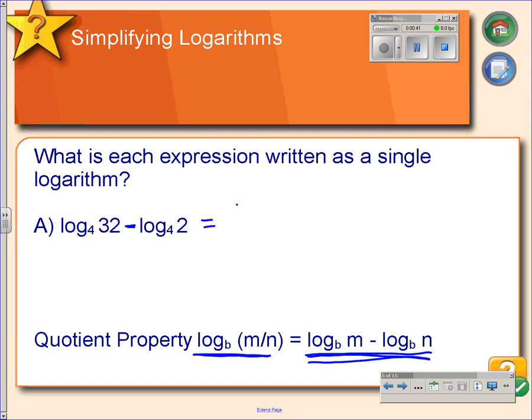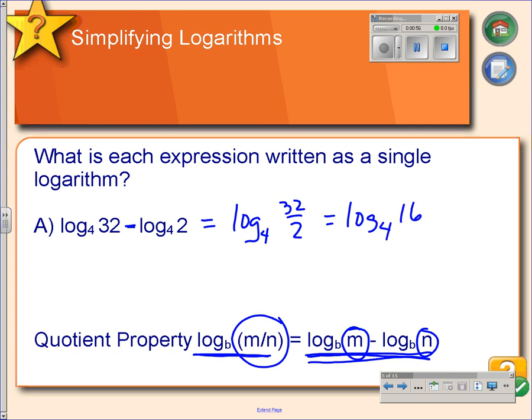So we're going to write this down as log base 4, and then we're going to take m and n, which is 32 and 2, and we will divide them because that's what it says to do here. So this gives us log base 4 of 16. Using our knowledge of exponents, we know that 4 to the x equals 16. And so 4 squared equals 16, so the answer to this log is 2.